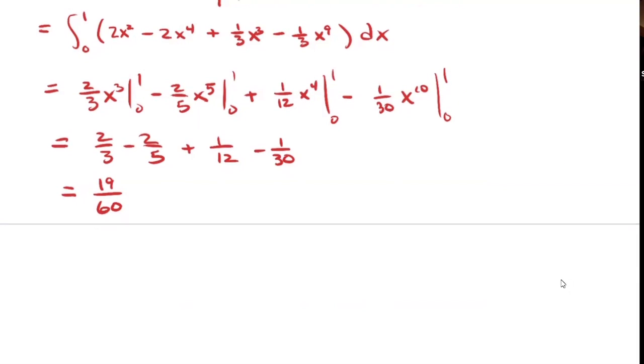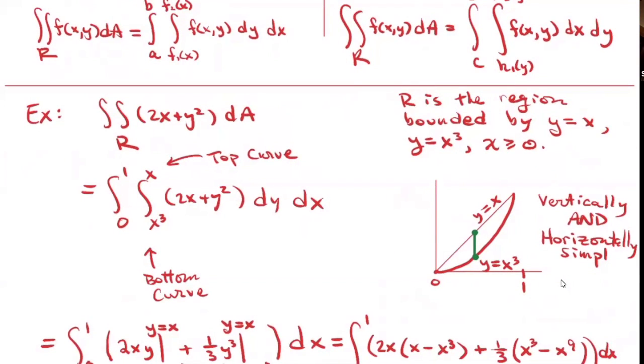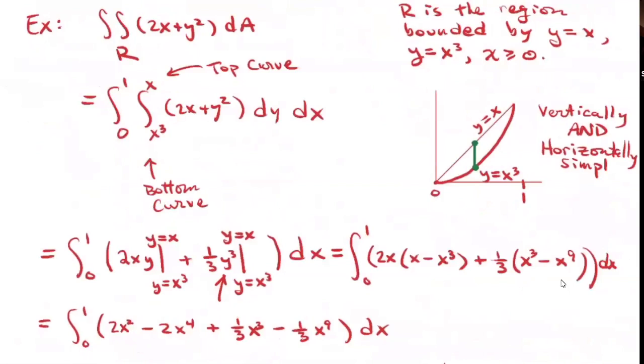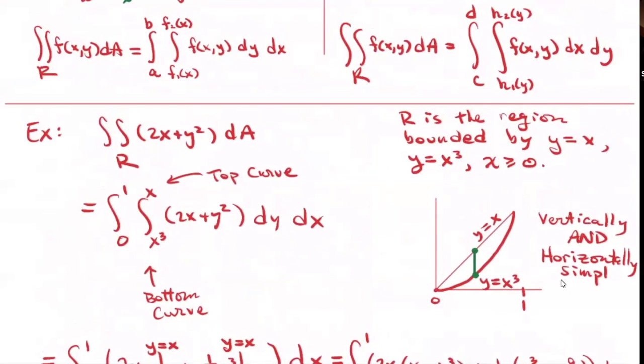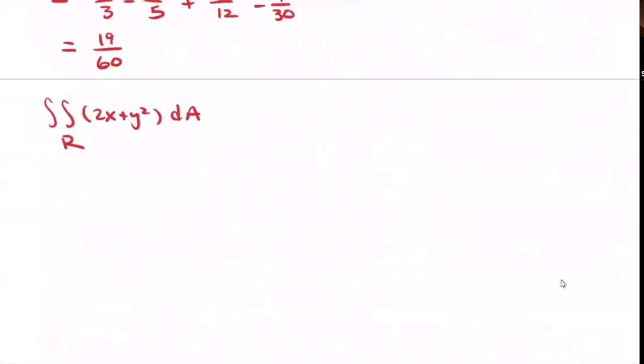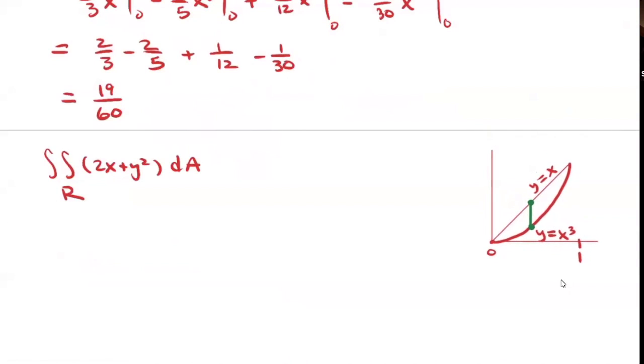Okay, so I want to go back and get this expression again and set it up differently. I'm going to copy that picture down here again. Y equals x is fine.